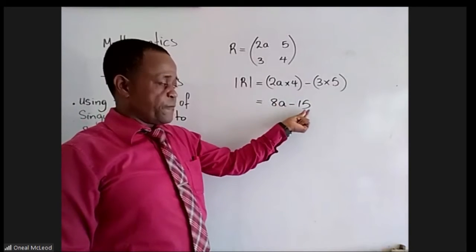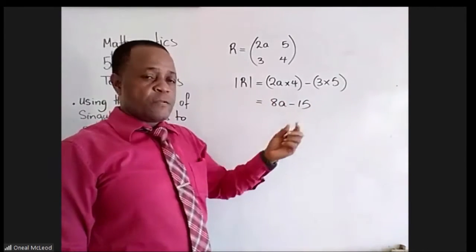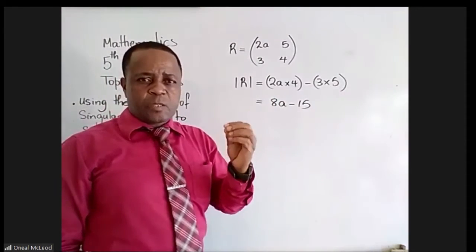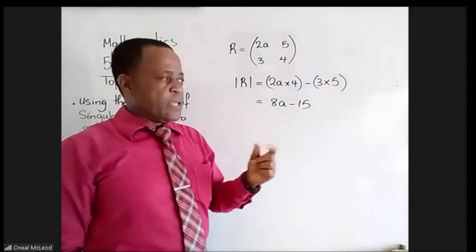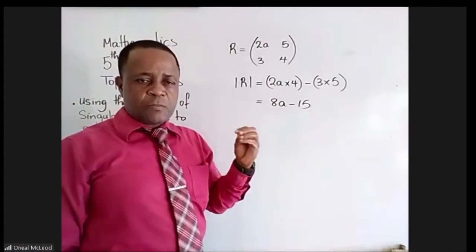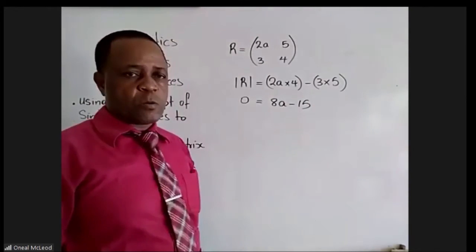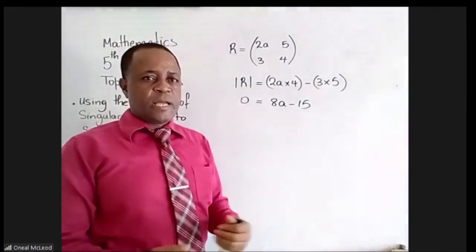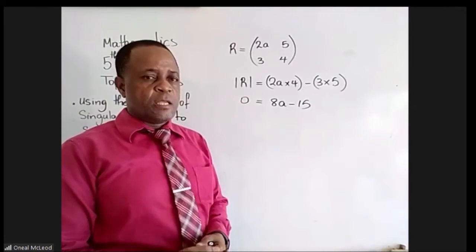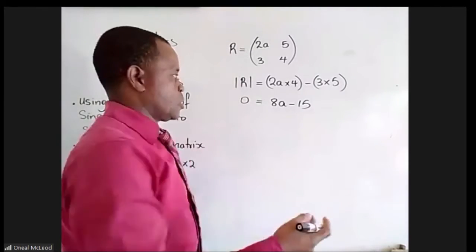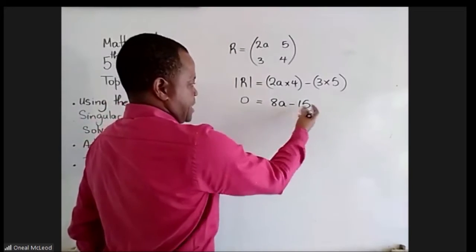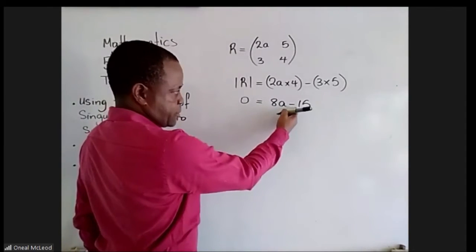8A minus 15. But for the matrix R to be a singular matrix, the determinant must be equal to 0. So therefore, it should be equal to 0. Again, we have a simple equation that we need to solve. So we're going to have to add 15 on both sides because they're subtracting it here.